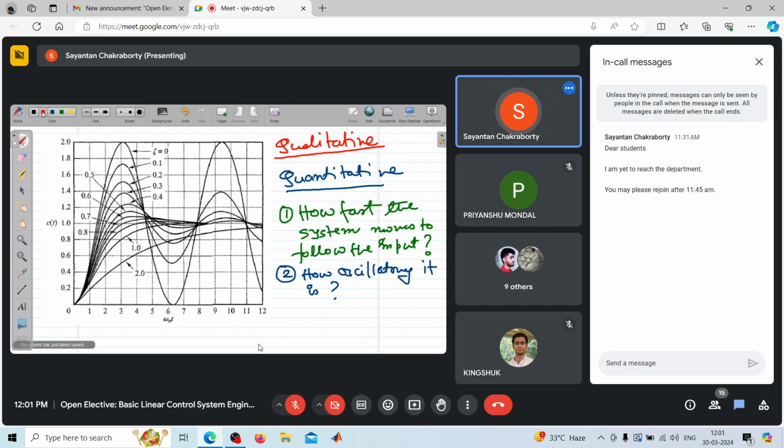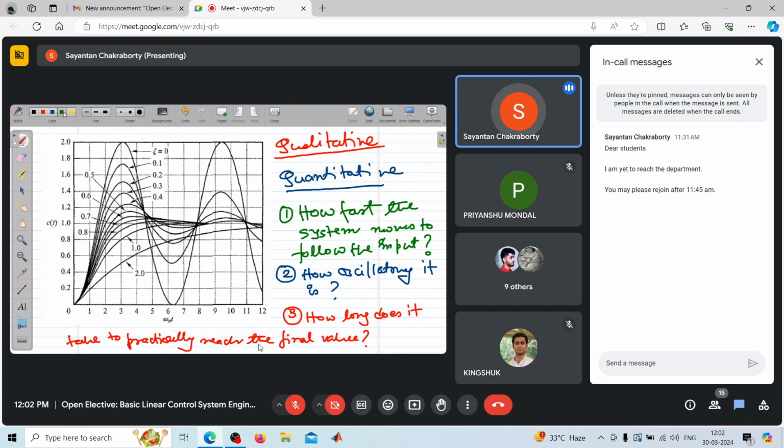And finally, how long does it take to practically reach the final value? So these are the three basic questions that one may ask when specifying a time response.